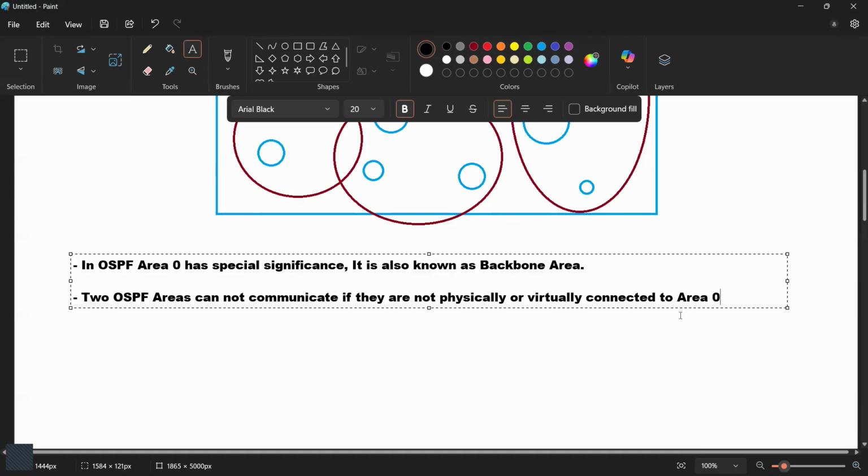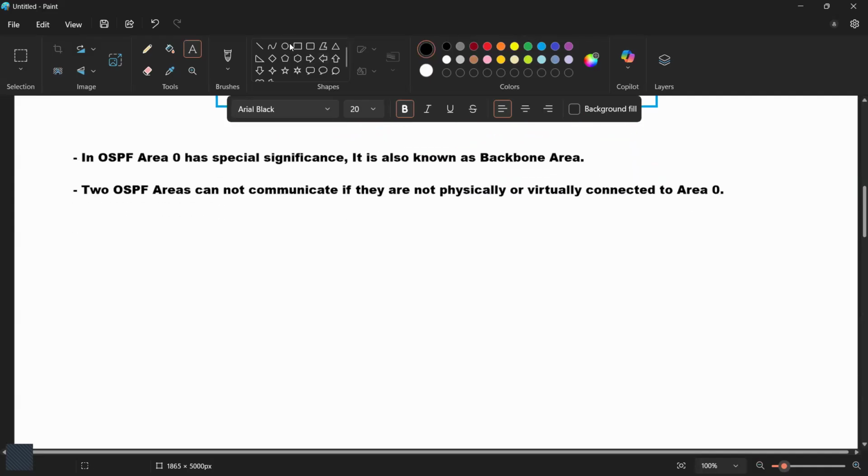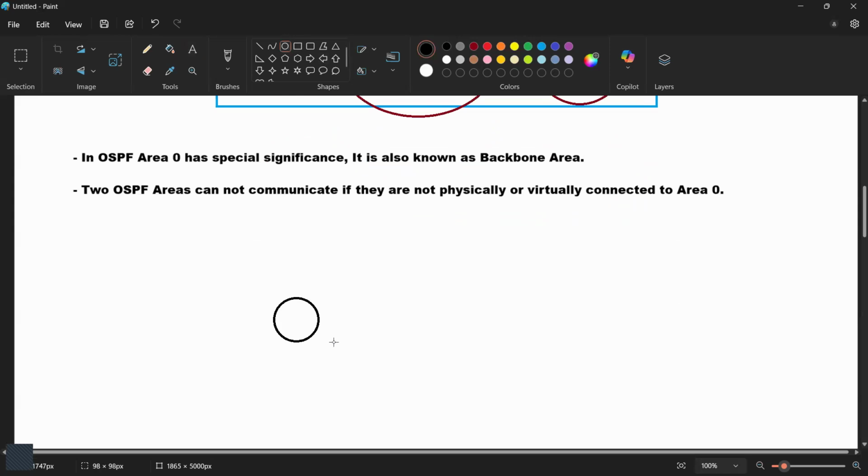If two OSPF areas want to communicate with each other, then either physically or virtually they have to be connected to area 0. Is that clear? What I'm trying to say here is, let's say I have a few routers. Take the example of three routers. They are connected to each other.